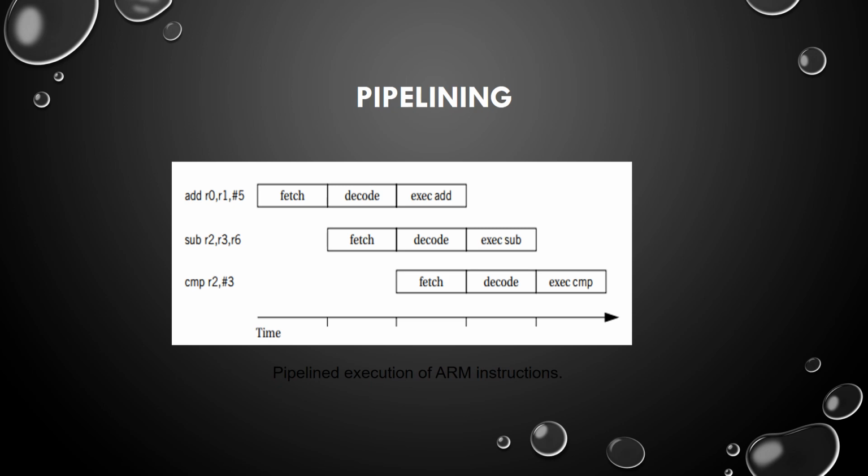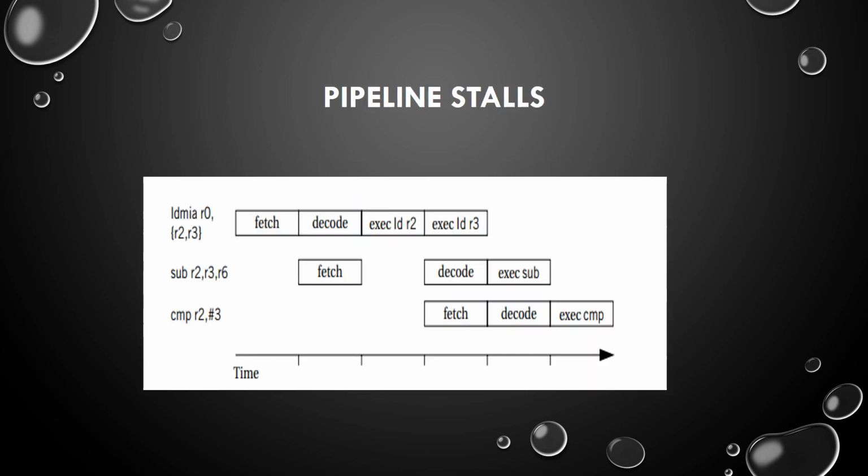That is, the fetching of the subtraction instruction starts during the decoding of the add instruction, so simultaneously it will happen. During the execution of the addition instruction, the decoding of the subtraction instruction has started, followed by the execution. Similarly for the compare instruction. In this way, the pipelined operation of the ARM processor is executed.